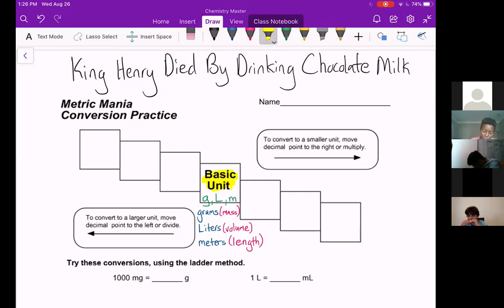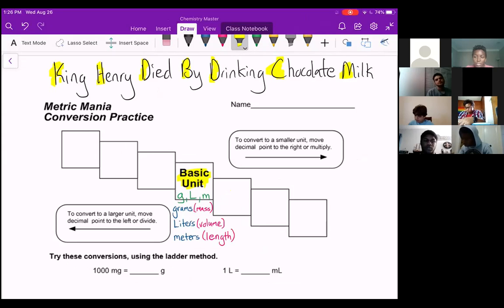We're going to focus on the first letter of our King Henry sentence: the K, the H, the D, the B, D, C, and M. We're gonna start with the B for a second because we already have that down here. The B is just base unit. So if you see G, L, or M, that's the base unit.